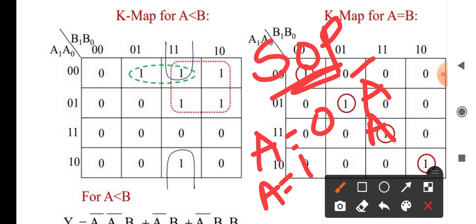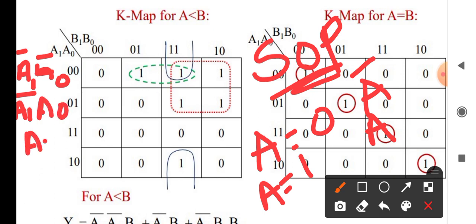Okay. So you can write down here A1 A0 complement, A1 complement A0 complement, A1 complement A0, and A1 A0.